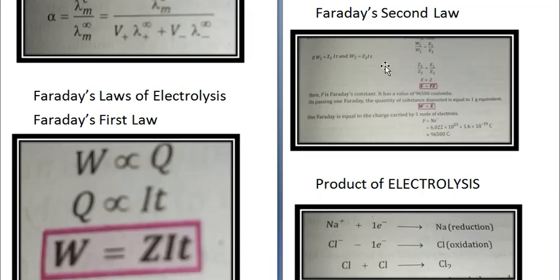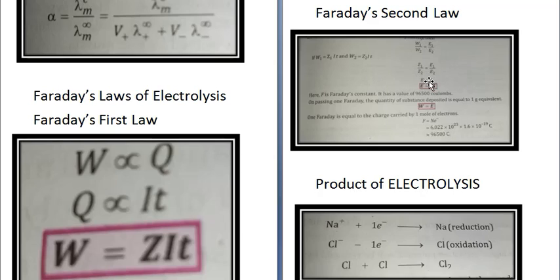Okay. Now if W1 is equal to Z1 I T and W2 is equal to Z2 I T, here I T will get cancelled, and you can say Z1 upon Z2 is equal to E1 upon E2.